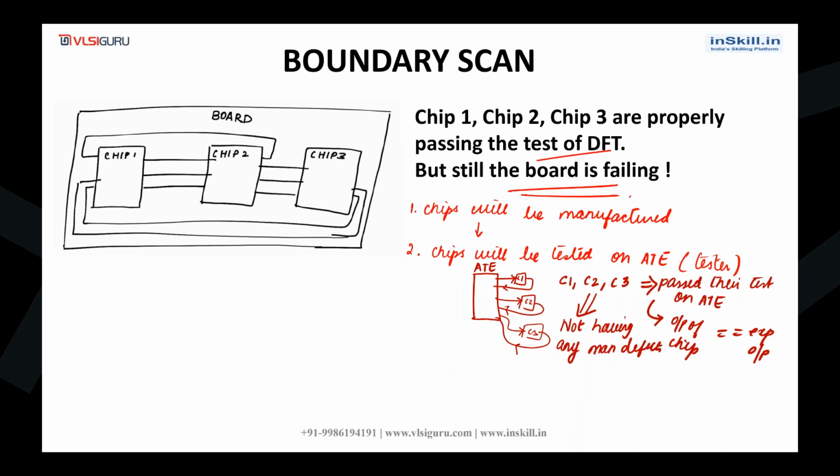Now after this, what will happen? Chips will be placed on the board. Chips will be placed on the PCB board, and then the interconnection between the chips will be formed.